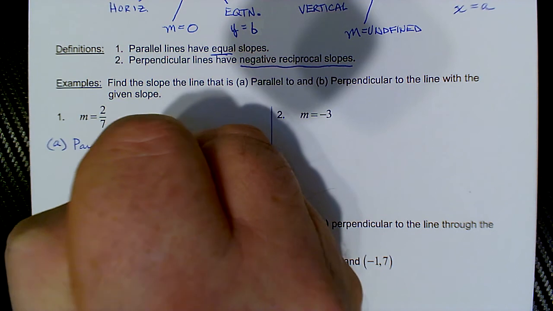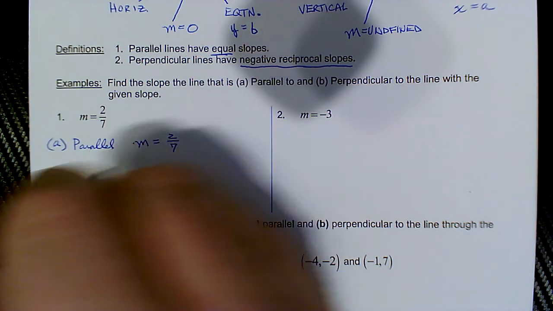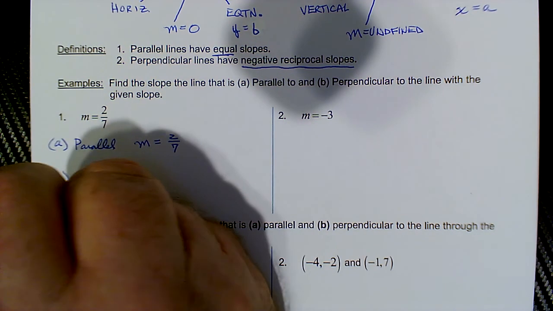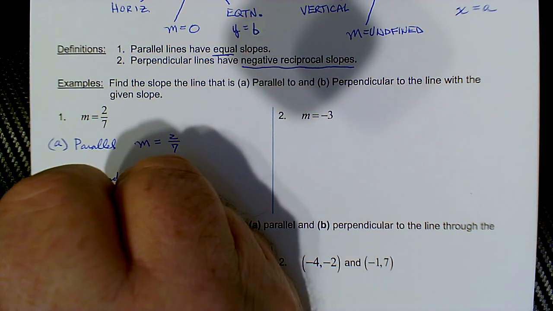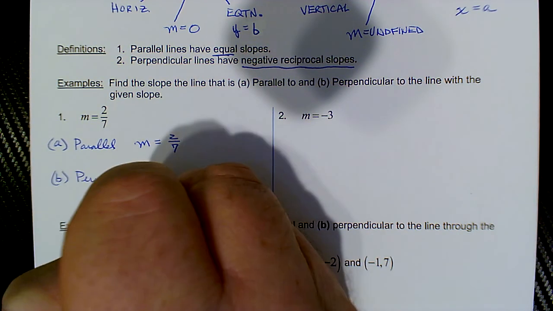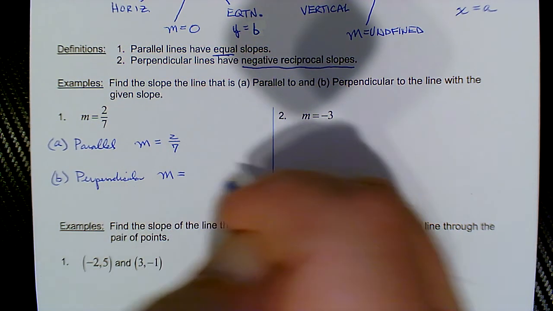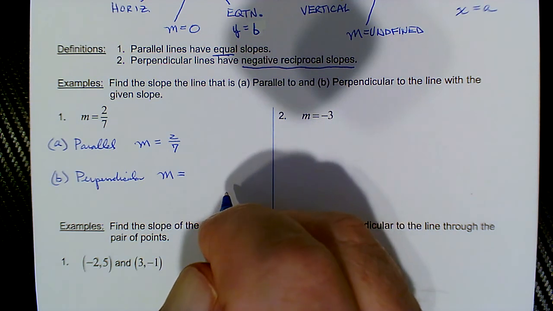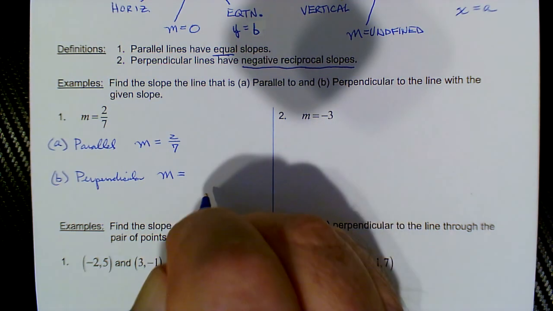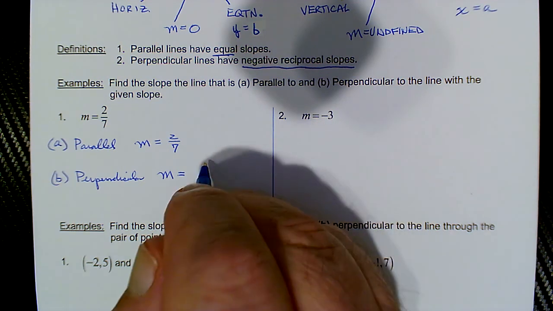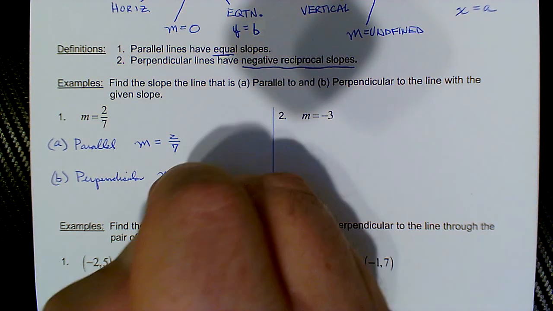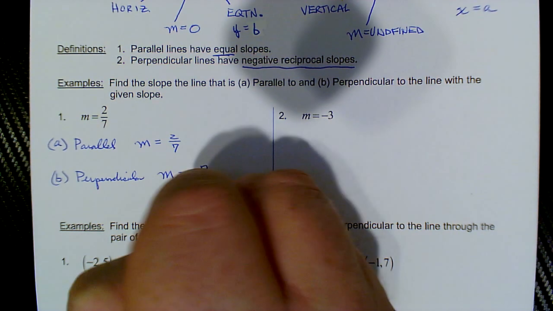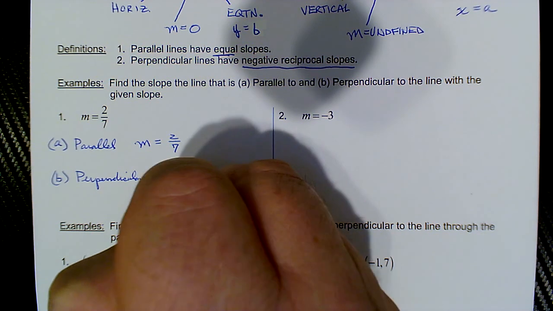But perpendicular lines cross at a right angle. I'm sorry, I was drawing this up here and wasn't showing you. So parallel again, both slopes equal, you can see these will never touch, and perpendicular lines cross at a right angle.